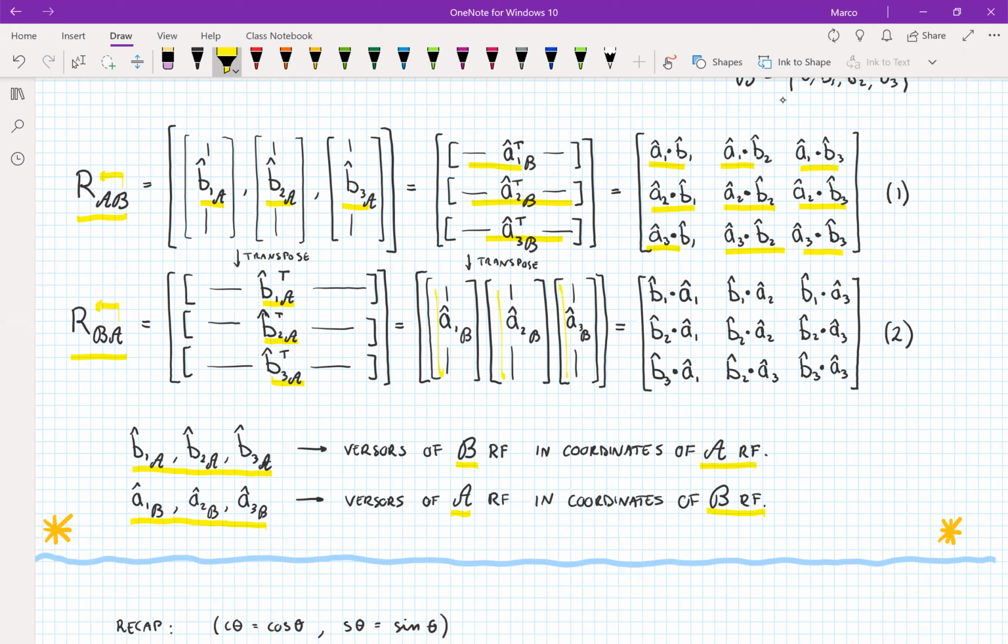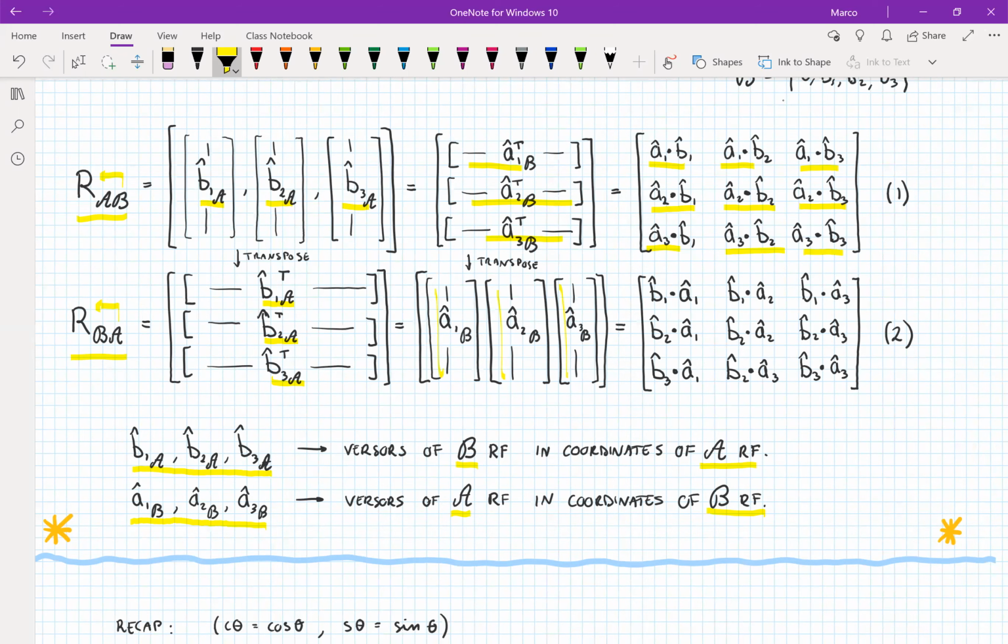The only thing that I didn't write down is the fact that B1, B2, and B3 in the B reference frame are simply 100, 010, and 001. And also A1, A2, and A3 in the A coordinates are also 100, 010, and 001. But that doesn't give us any useful information.